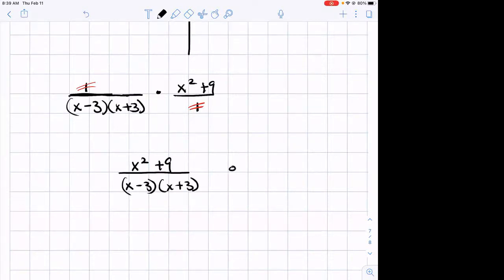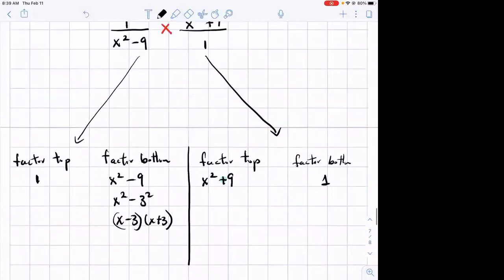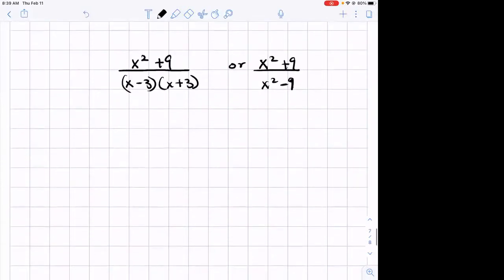Or you could have written it as x squared plus 9 over x squared minus 9, either one of them. So the key here is that you have to change that sign first and then flip. And then it just becomes a multiplication problem, right? It's only a multiplication problem.